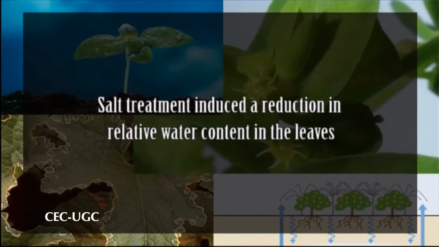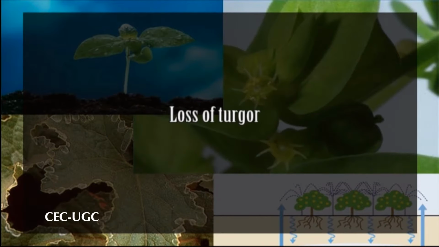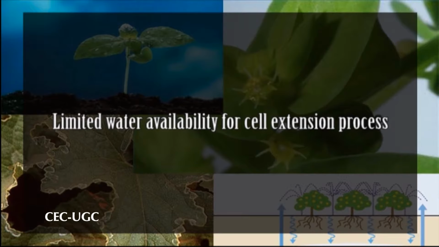Salt treatment induced a reduction in relative water content in the leaves, which indicates a loss of turgor that resulted in limited water availability for the cell extension process. Increased moisture content under saline environment shows the higher water content per unit leaf area, which may dilute the accumulated salts in the cell sap.